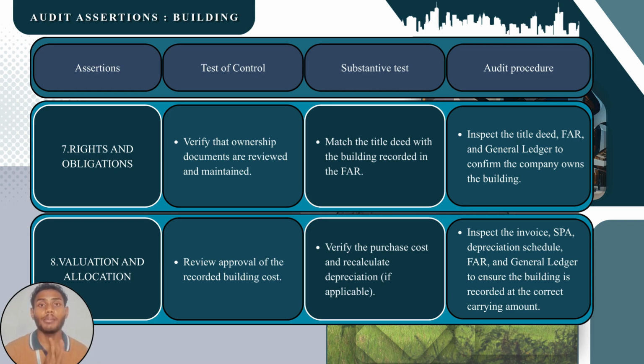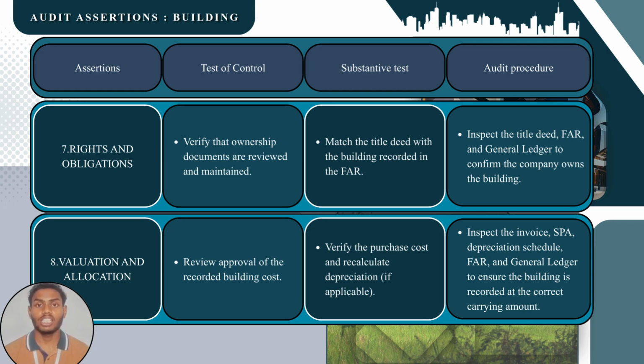The next audit assertion is rights and obligations. The auditor must ensure the rights and obligations of the company towards the building to determine whether the company actually owns the building. So, for the test of control, the auditor will verify that ownership documents are maintained and reviewed properly.